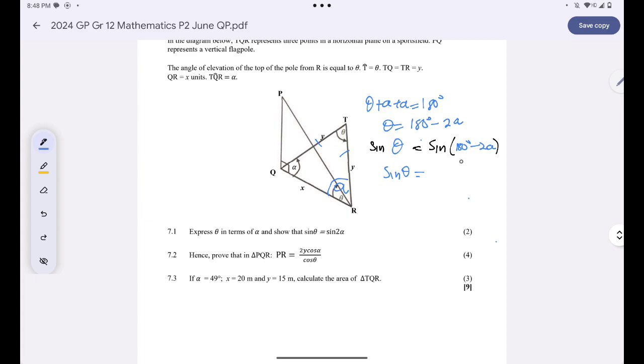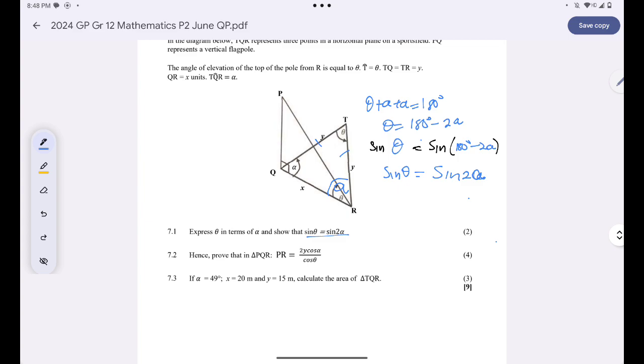So sine theta, 180 minus is at the second quadrant. Sine is positive, so sine theta is equal to 2 sine a. I've proven that, né? And I'm told to hence prove that in triangle PQR, the length of PR is equal to that.